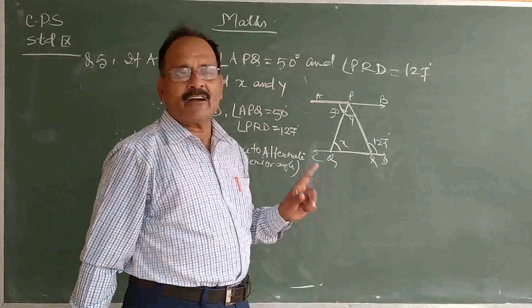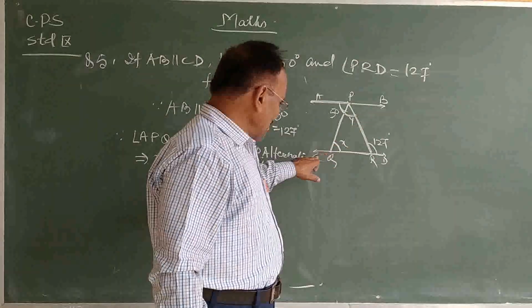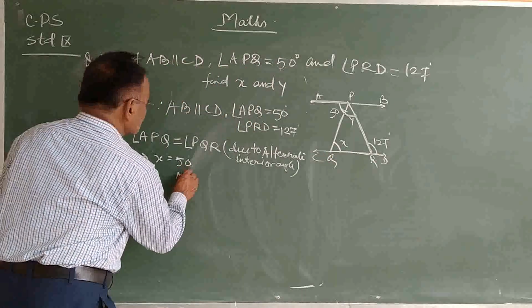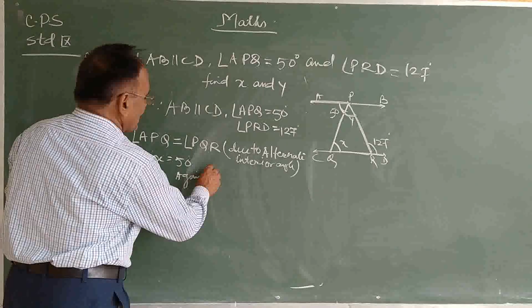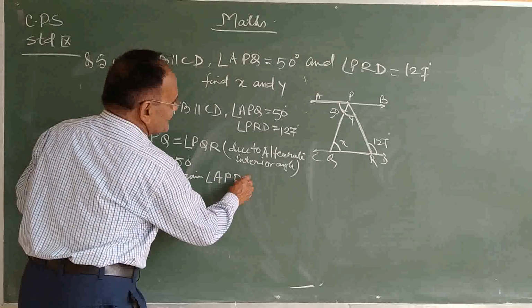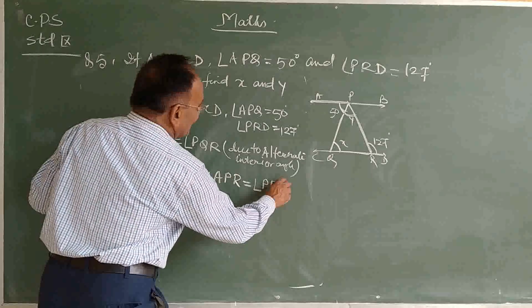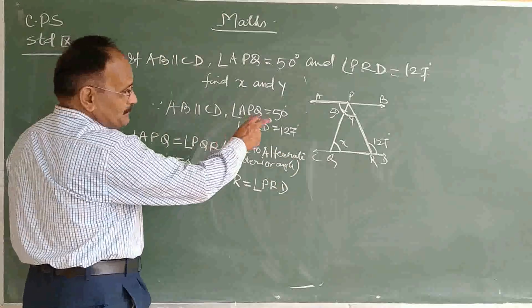This is also an alternate interior angle because this line is parallel to this line. Again, angle APR is equal to angle PRD.